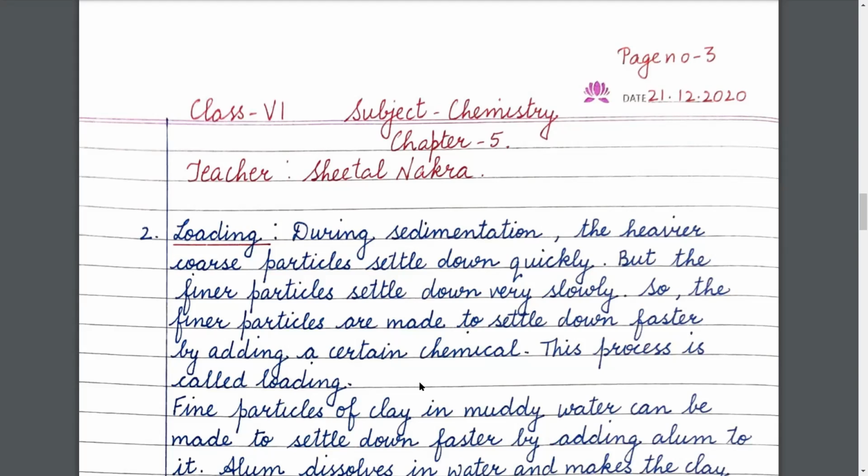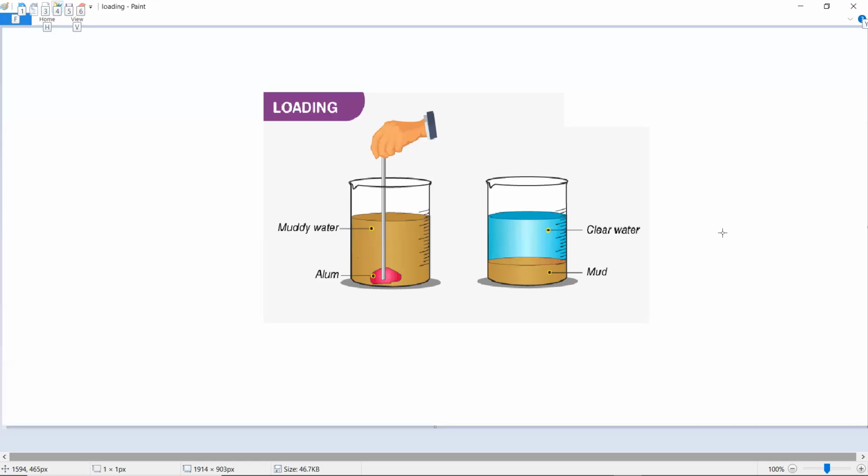This process is called loading. Finer particles of clay in muddy water can be made to settle down faster by adding alum to it. Alum dissolves in water and makes the clay particles heavier and increases the rate of sedimentation.